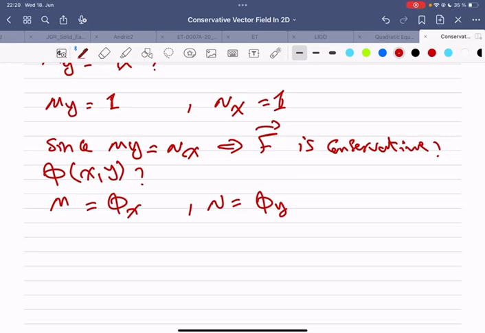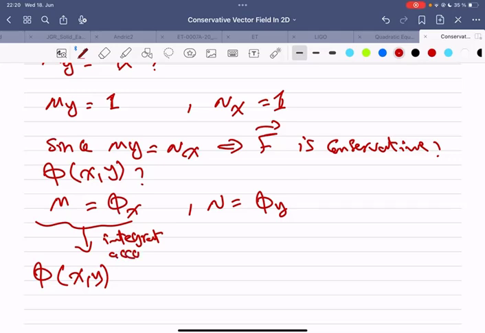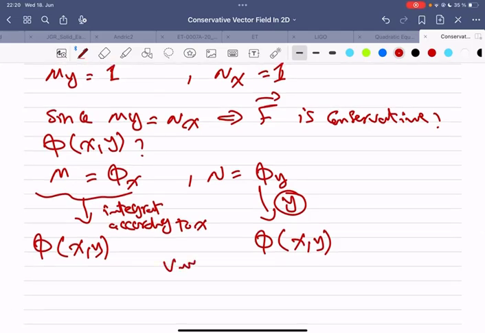So if we integrate this according to x, we will get phi xy, and if we integrate this according to y, we will get phi xy. By taking the union of terms here and here, we can find phi xy. Example.